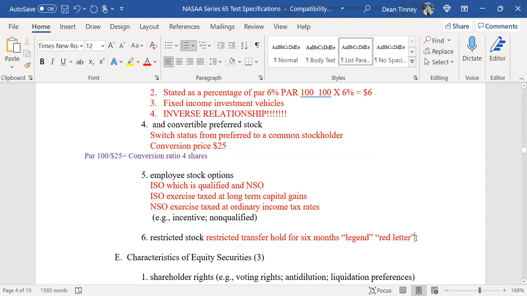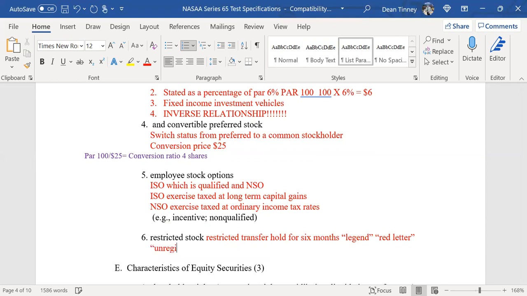Sometimes we refer to this, and I joke it's hard, the test, because it's like learning a foreign language, right? They say when you dream the foreign language, that's when you know it. So I guess when you have your first dream, that's when you know this. So there's a lot of words for this restricted stock. Restricted transfer is why we call it restricted stock. We still sometimes refer to this as legend stock, because in the old days it had a legend that said stop transfer.